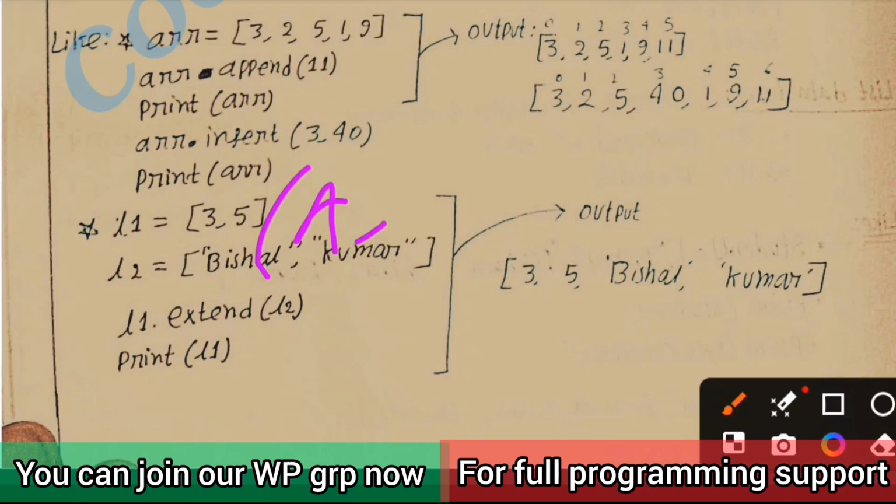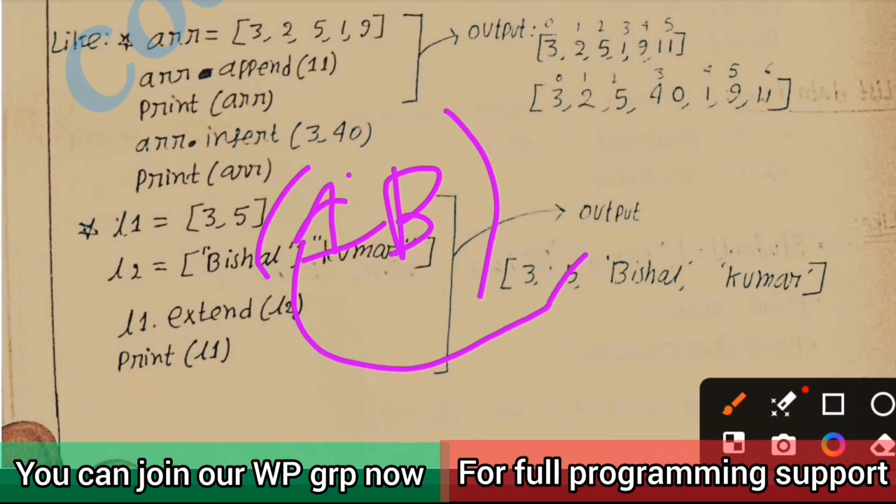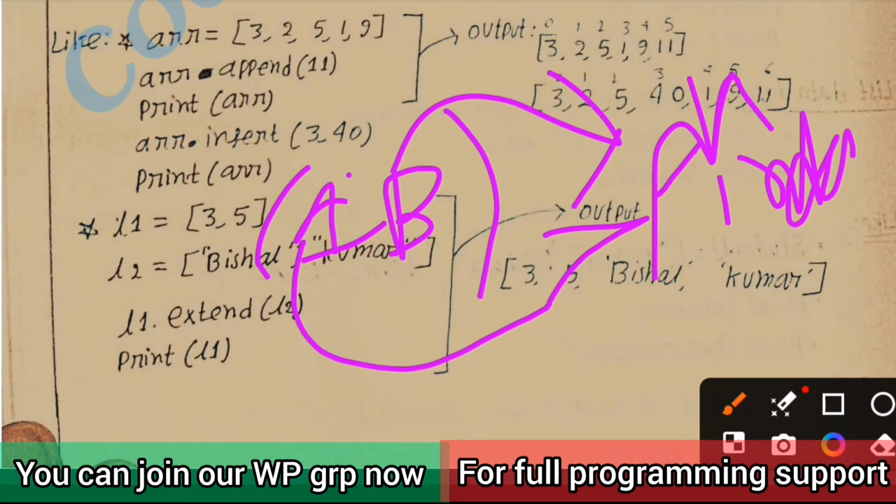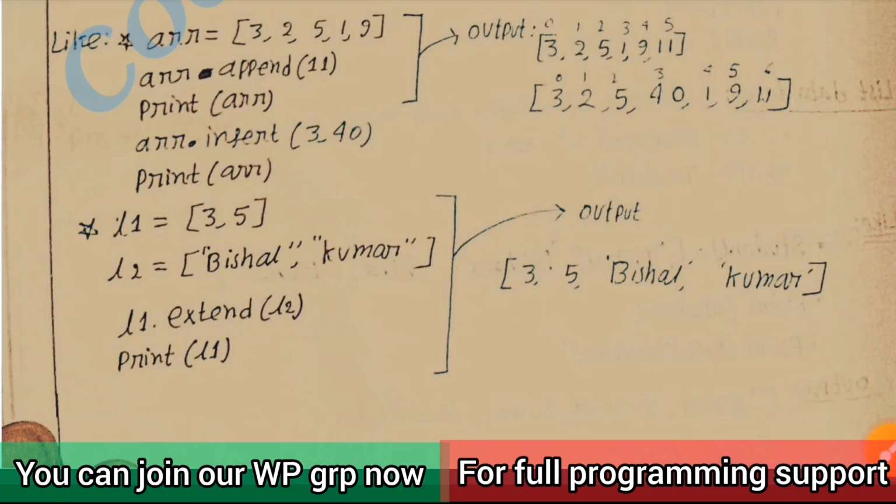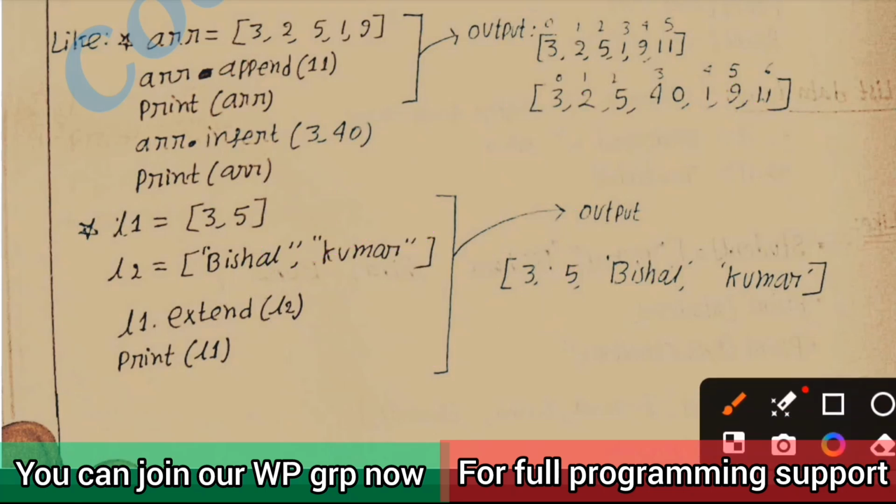So if you write A and B, then A will be the index number, and B will be the data that you insert at index A. Okay. Then if you print the array again, you can see 3 2 5 like that, but in the third index there is 40.